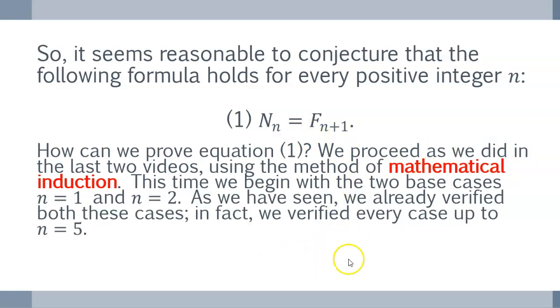Well, we proceed as we did in my last 2 videos, using the method of mathematical induction. This time it's a little more complicated, because we have to look at 2 base cases, not just 1. So we look at the base cases n equals 1 and n equals 2, and we already saw that formula 1 works for all n up to 5. So that takes care of these 2 base cases.